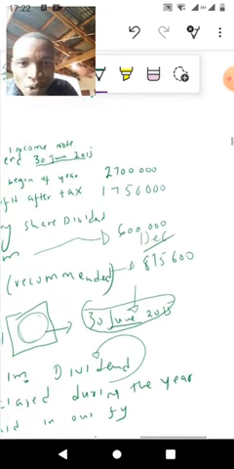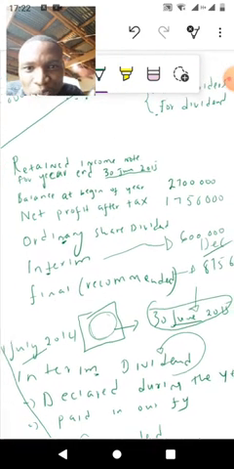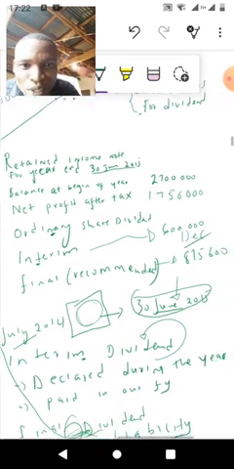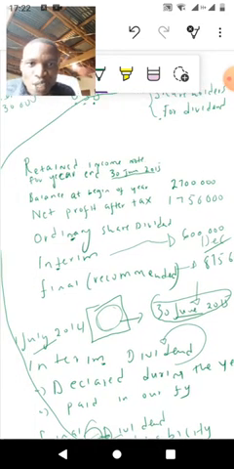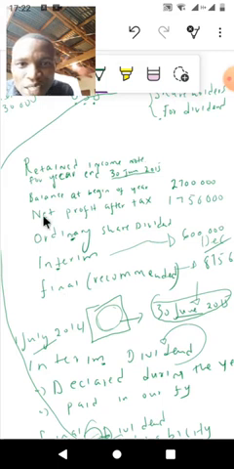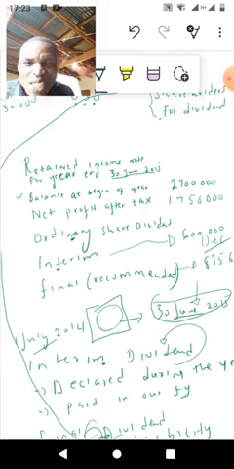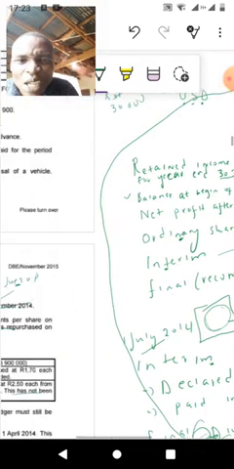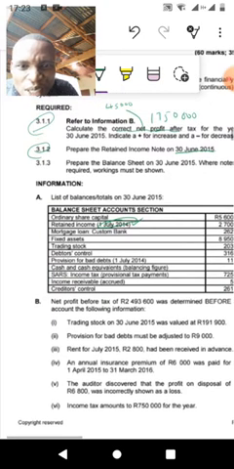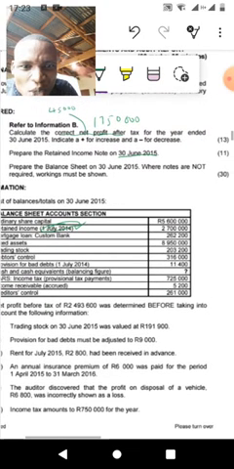Now, this is how we prepare the retained income note. Let's recap. We start with the balance at the beginning of the year, the balance of retained income. You find it in the financial statement, list of balances. Here it was 2,700,000.